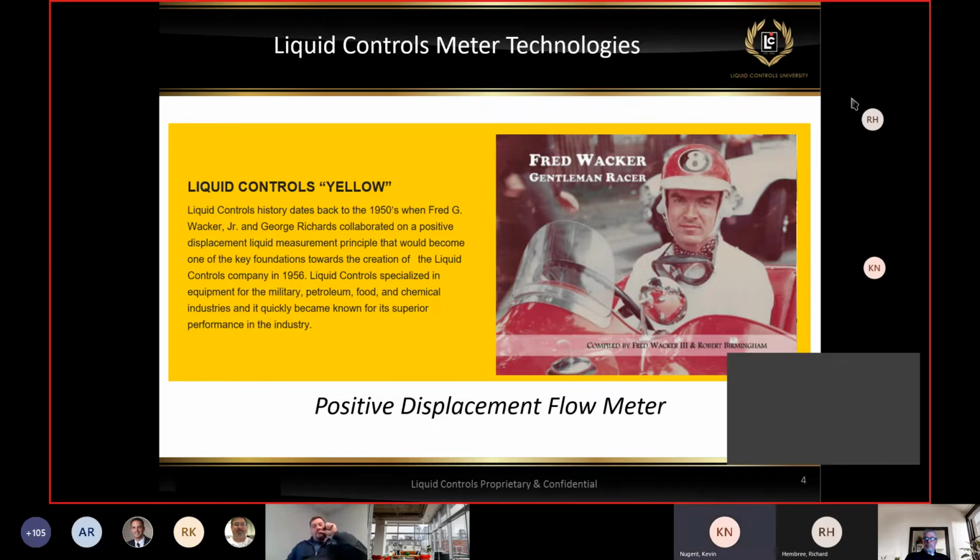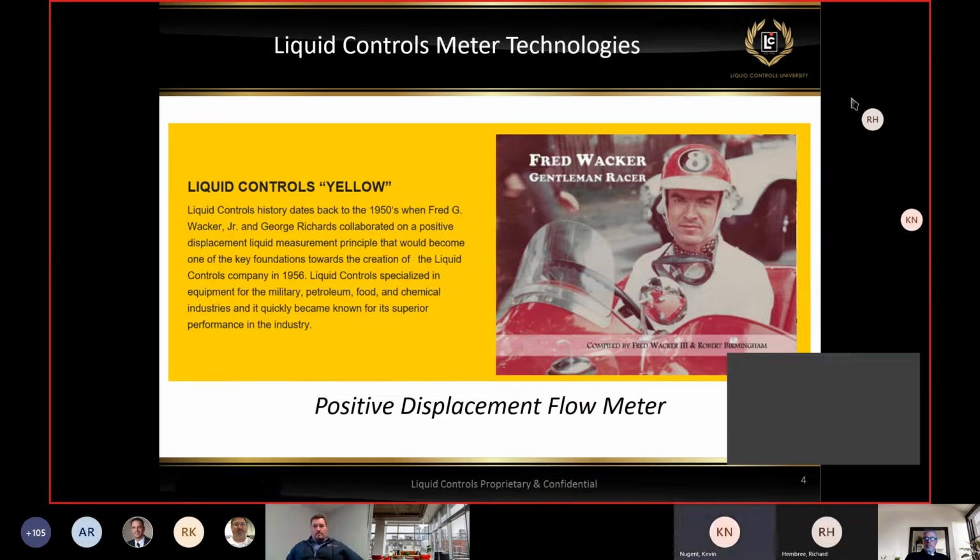Liquid Controls metering technologies. Many of you may or may not be familiar, but Fred Wacker was an entrepreneur who was the leading man who started Liquid Controls.